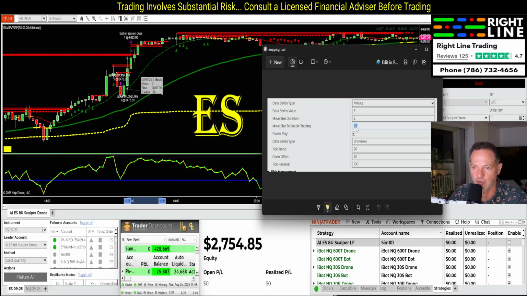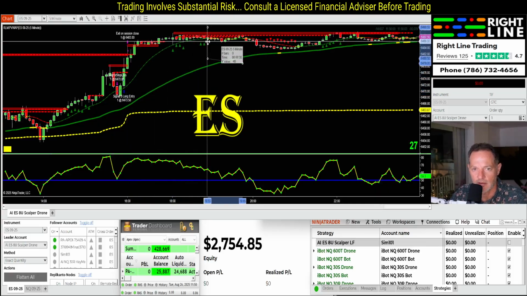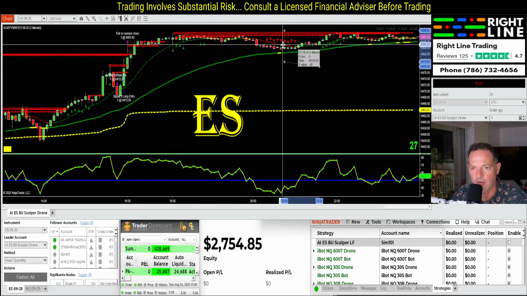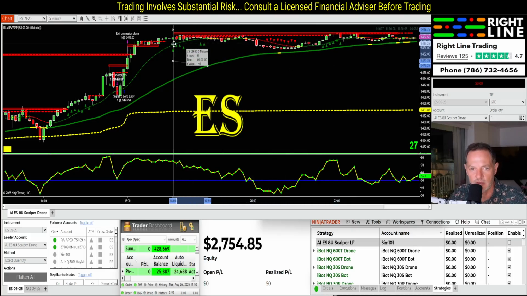So we were looking for 40 ticks. There's not many candles on here that would satisfy that. So this strategy is just going to be sleeping through all these snoozy candles over here that have no movement at all.